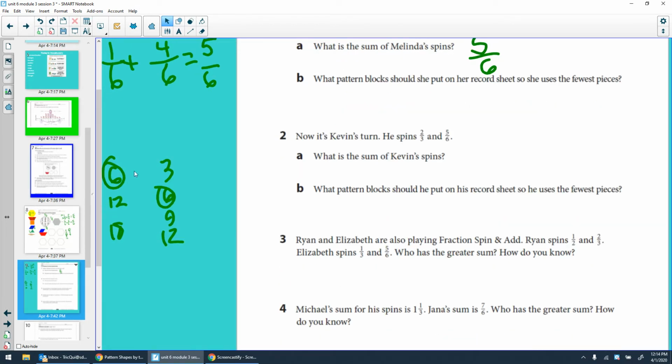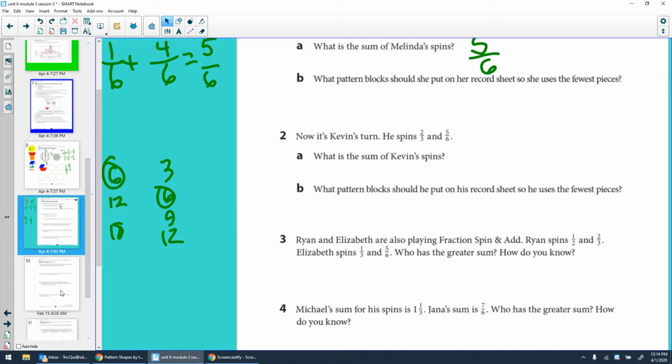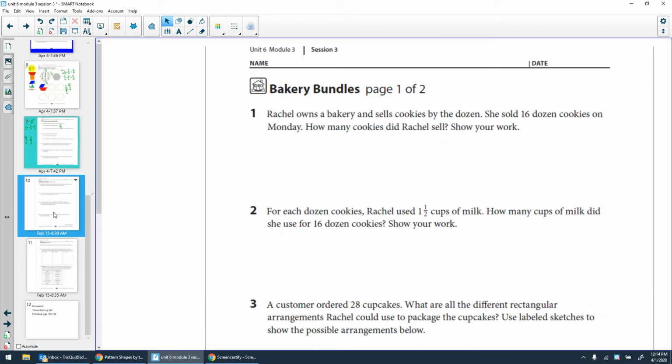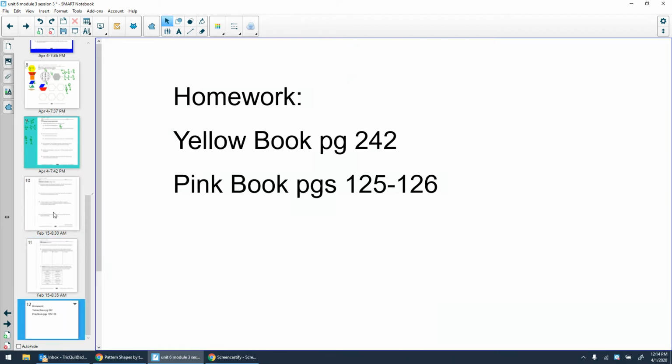And then the rest of your homework will be these 2 pages in your pink book, which are pages 125 and 126. So complete page 242 that we were just working on in your yellow book. And then in your pink book, I want you to complete pages 125 and 126. Those pages will have some more fraction type problems.